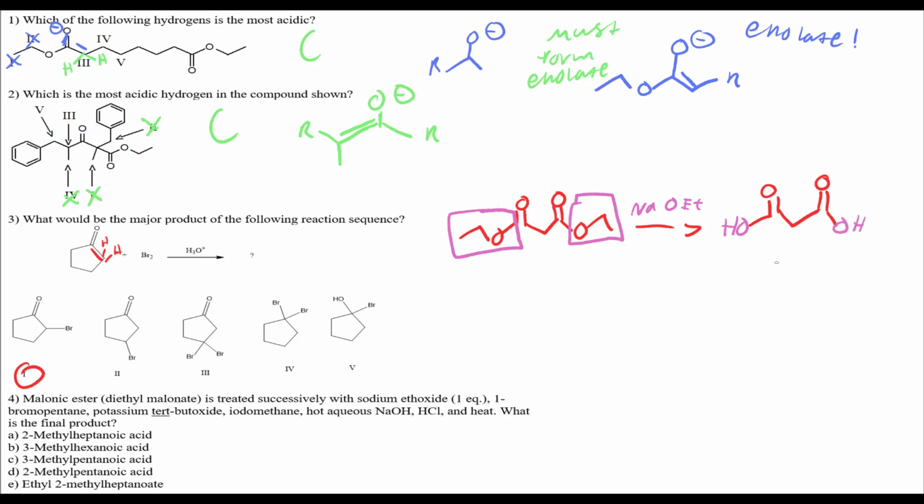And again, this only happens because we treated the compound with sodium ethoxide, right? This doesn't work if it's oxygen with 3 carbons or 4 carbons. No, it only works with ethyls. Okay, so there we go.